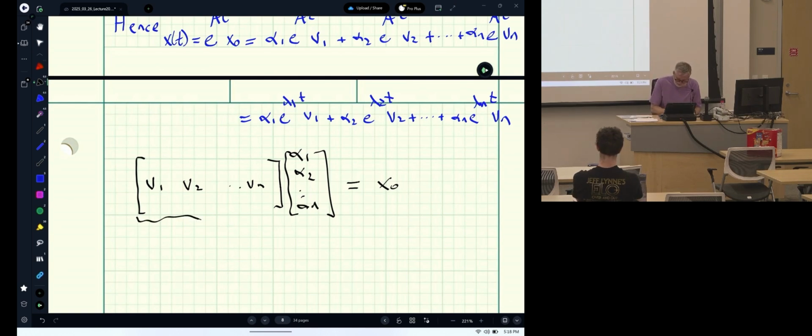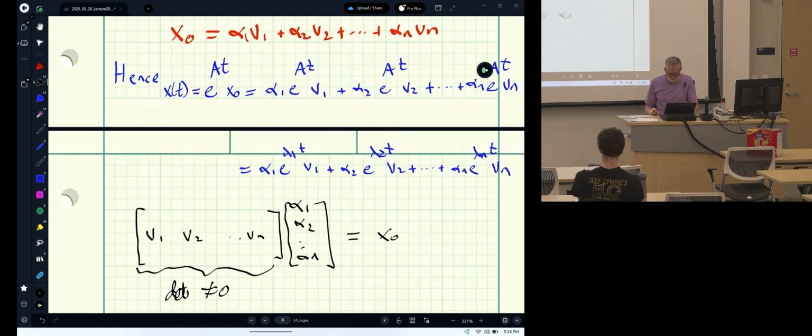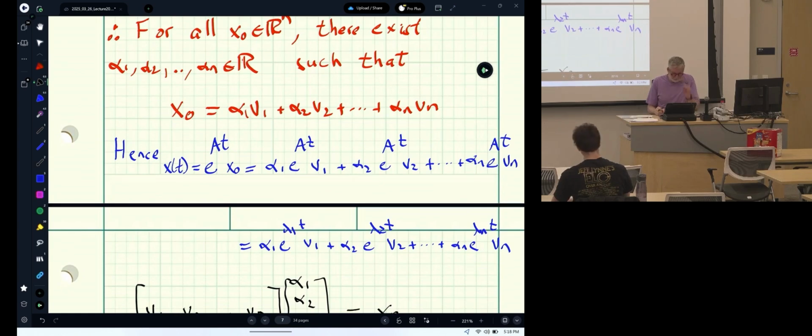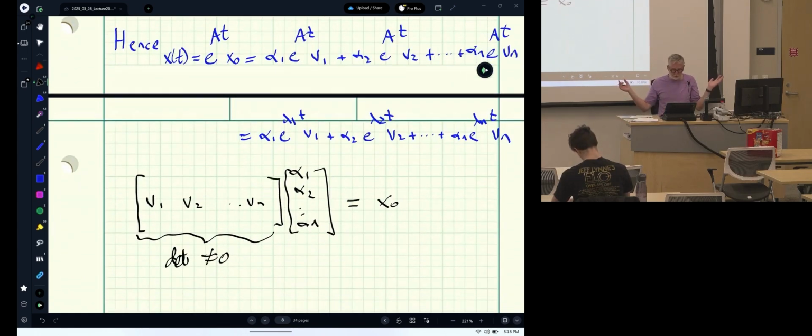Because these are linearly independent, the determinant is not equal to 0. So that's a linear algebra problem. Getting the eigenvectors, linear algebra problem. Fact from linear algebra, the eigenvalues are distinct, which is the generic case, the eigenvectors are linearly independent. So I just express my initial condition as that, and now I know everything about the solution.